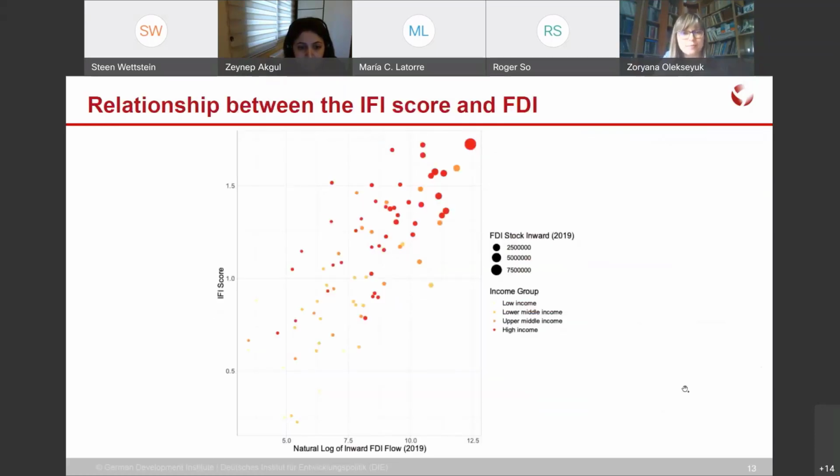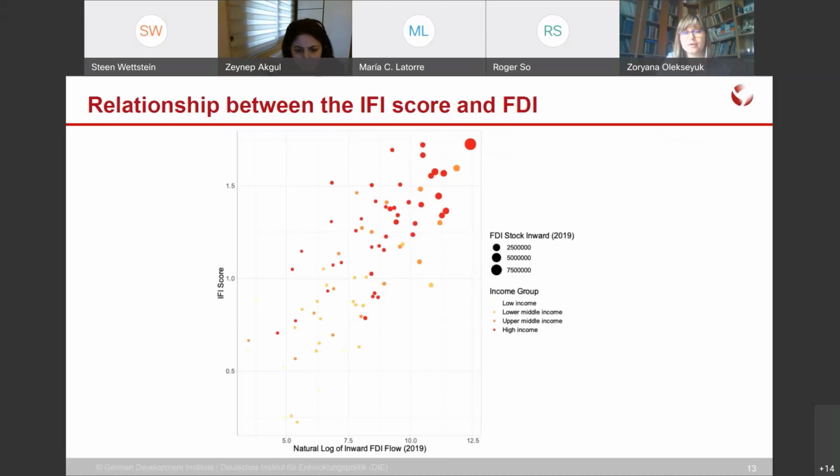And the last, just to give you an impression, what is the relationship between our index score and FDI flows, and actually stock also, it's the circle size, and we have also illustrated here the income level of countries by the color. Well, we can definitely see that there is a positive relationship, positive correlation between those two, which is not surprising, and that the high income countries have higher flows and stock and are in the upper right quarter, and in the left bottom quarter, we have the major part of low income and lower middle income countries.